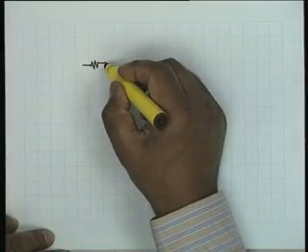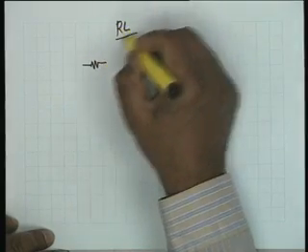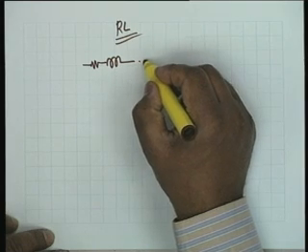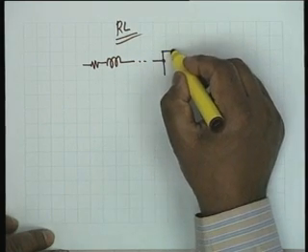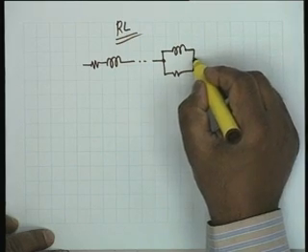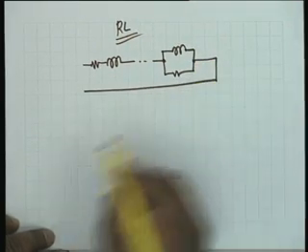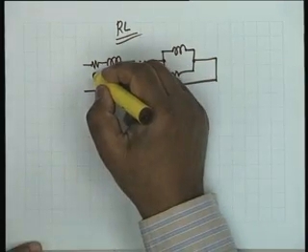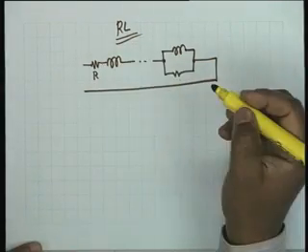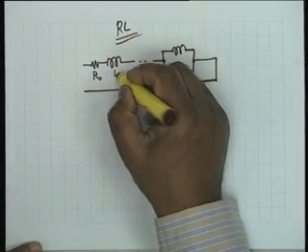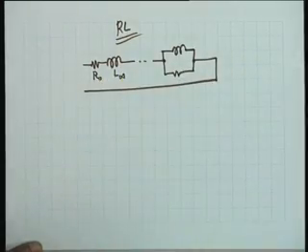The most general form would be this: a number of RL networks in parallel. This will be the most general form for the Foster 1 configuration.